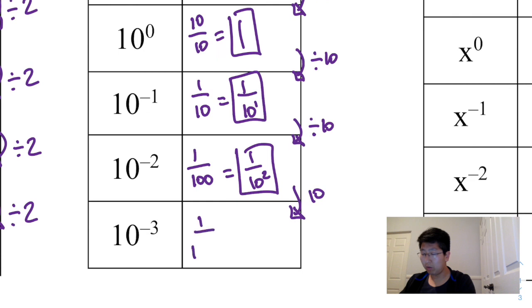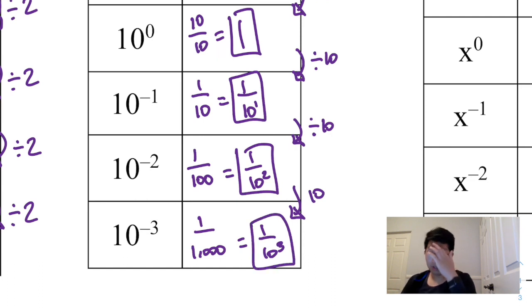We get 1 over 1000, which is the same thing as 1 over 10 to the third power. Hopefully you're seeing that there is a relationship between 10 to the negative third and 1 over 1000. You can see similar numbers. All right, let's go over here.